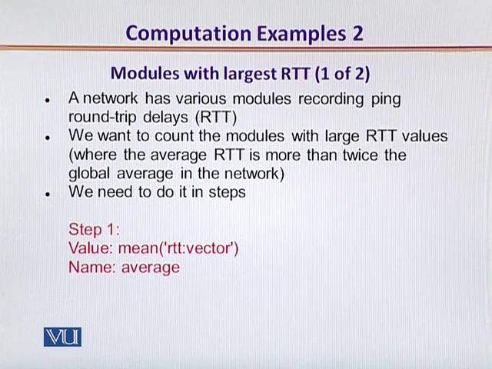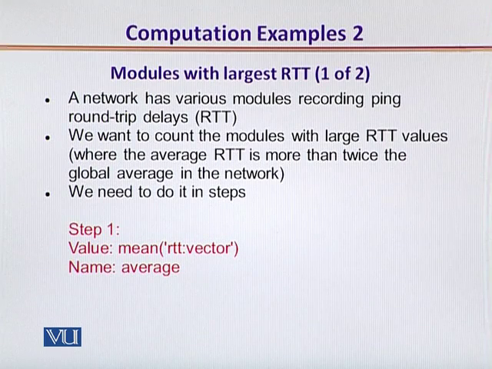If we really want to count the modules with the largest round trip times, we actually have to understand that the round trip time is already averaged and stored when we perform ping, because ping does it for multiple packets. We actually need to do this in steps. How are we going to do it?